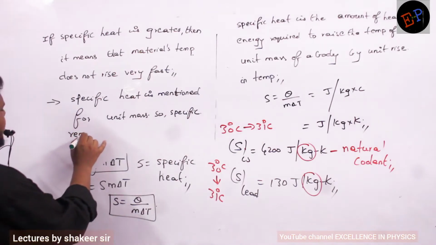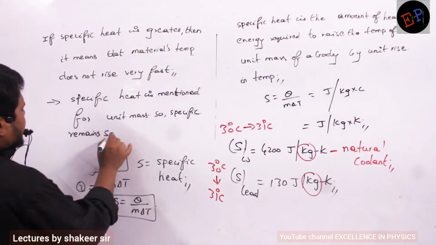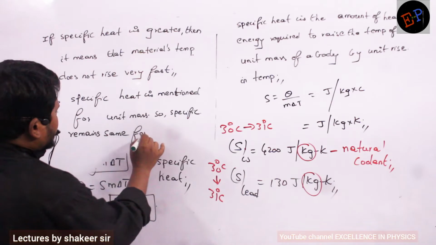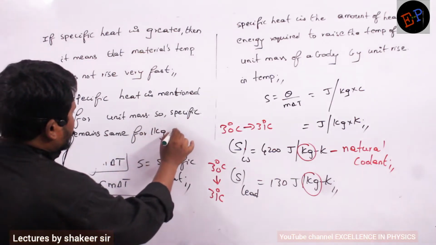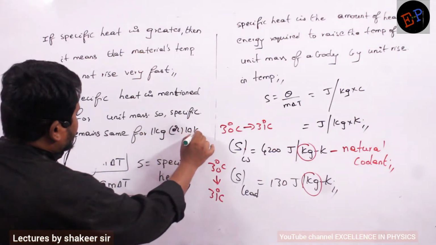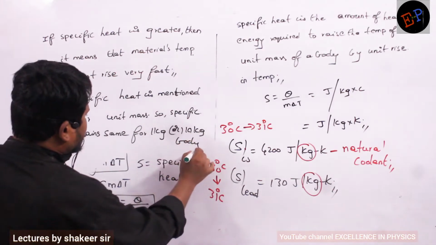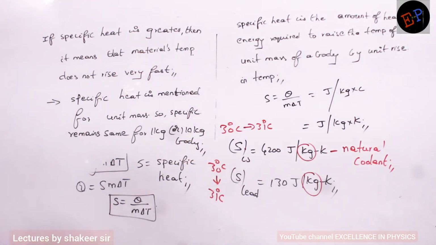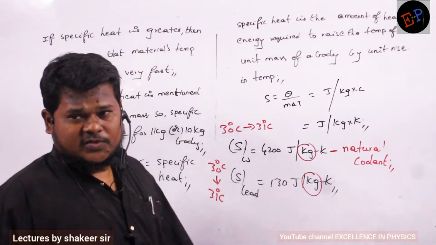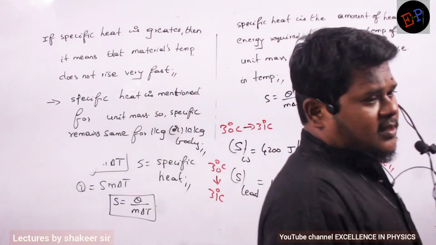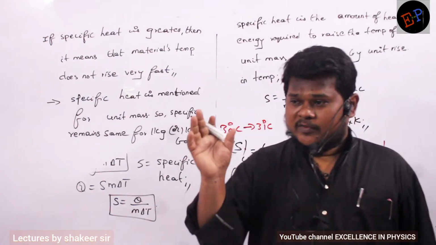Specific heat remains the same for 1 kg or 10 kg body. Specific means what? For 1 kg. Specifically we are taking, no? Or in CGS system for 1 gram of a body.